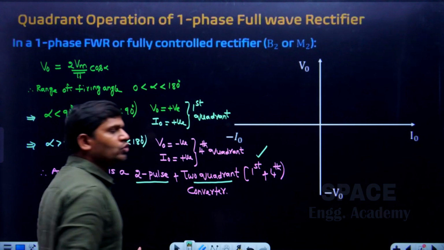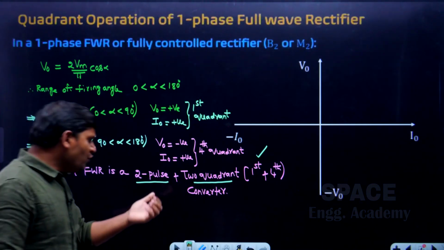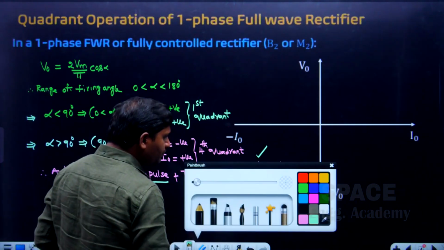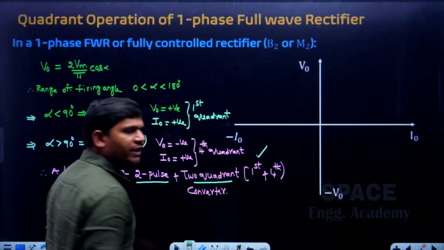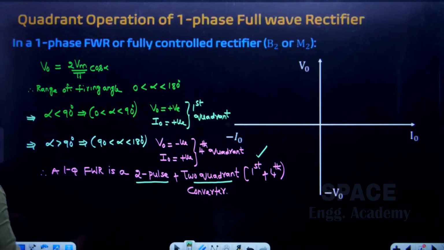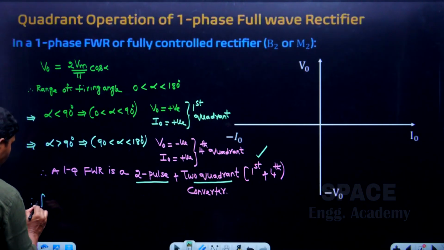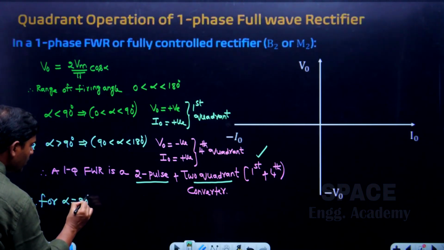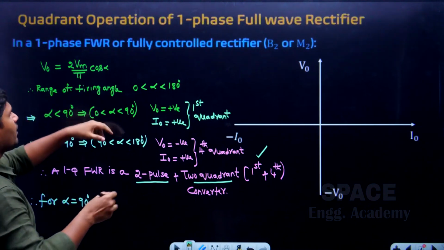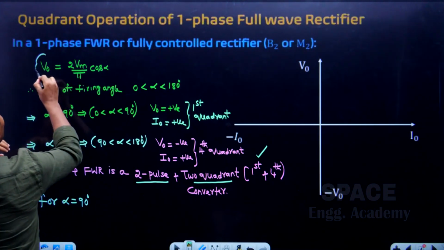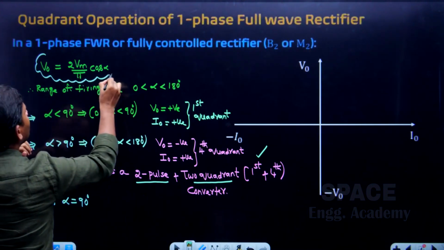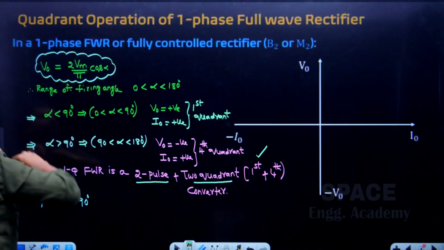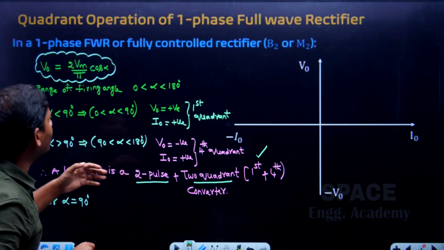Now, before representing the quadrant operation, one more observation here, friends, that you have to concentrate on. If you take alpha equal to 90 degrees and substitute it in V naught equal to Vm by pi cos alpha, this is the average output voltage of the full wave rectifier, whether midpoint or bridge rectifier.